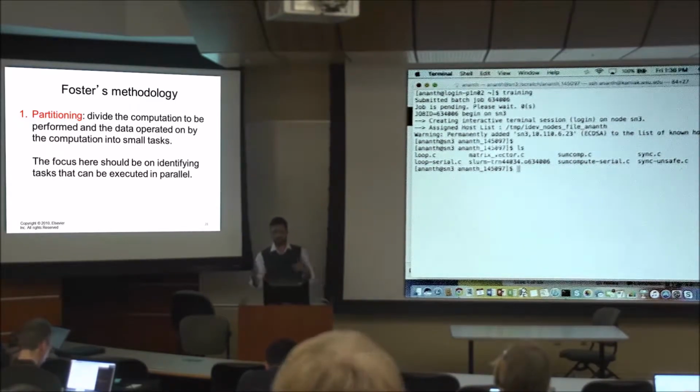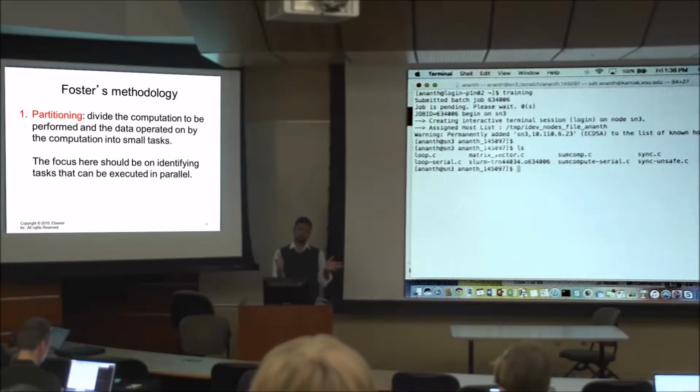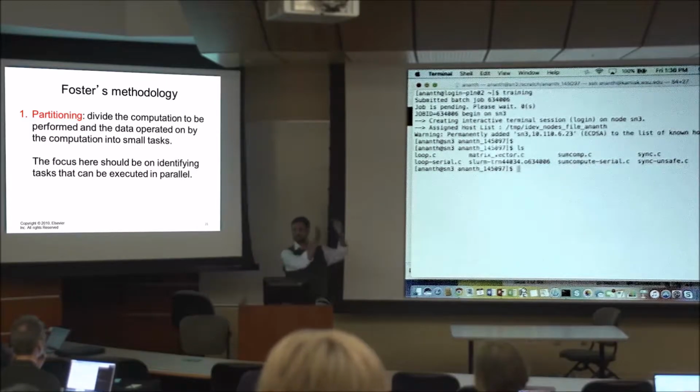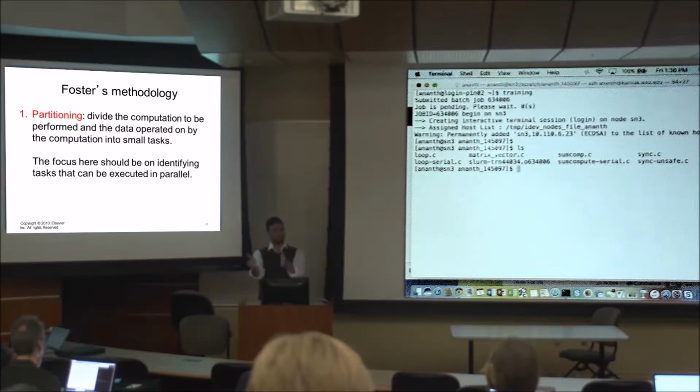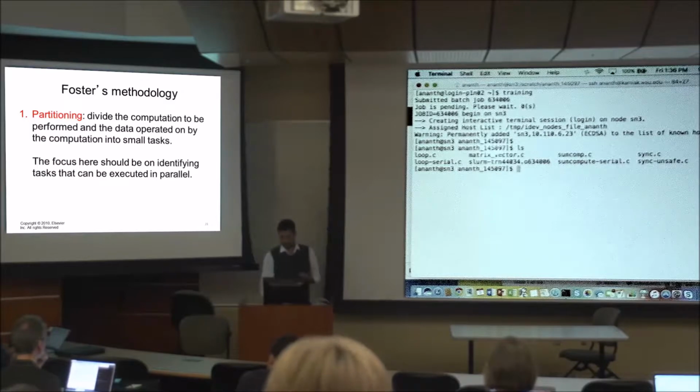We have to come up with a way to logically partition it ahead of time in some cases and say this is how the parallel execution will happen. It's like a plan, right? So for that you have to say, okay, this one thread will take charge of the first 5 iterations, the next thread will take charge of the next 5 iterations, and so on, right? So that's like partitioning. Okay.